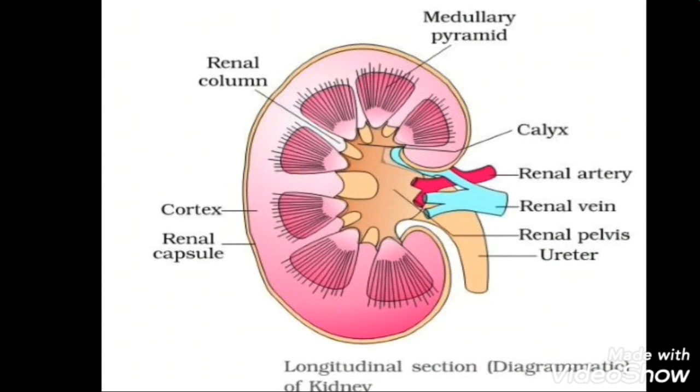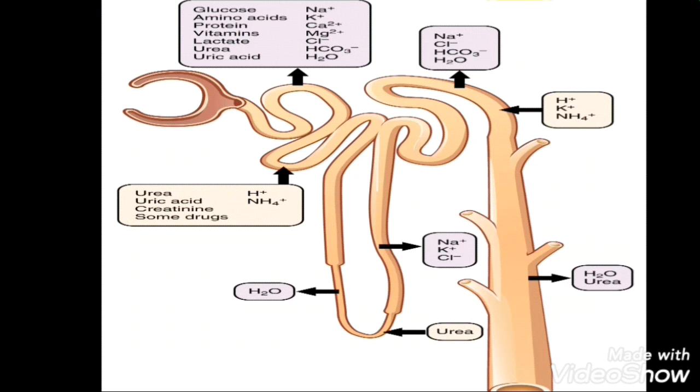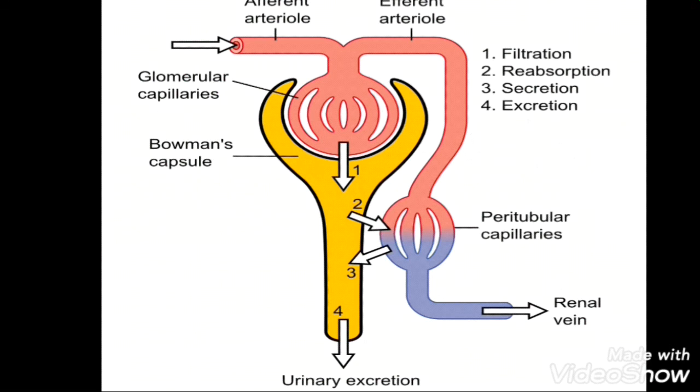Now we'll see the mechanism of urine formation. The process of urine formation includes glomerular filtration, tubular reabsorption, and tubular secretion. Urine formation begins with the filtration of blood through the epithelial walls of the glomerulus and Bowman's capsule.